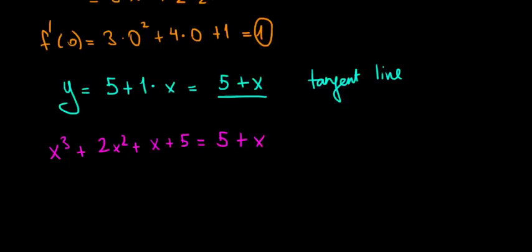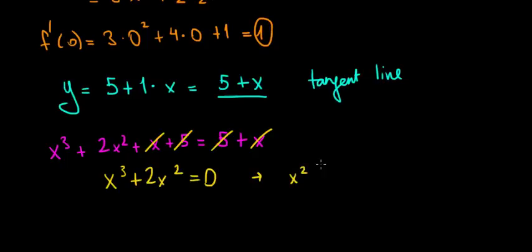Now we have an equation, we have x plus 5 here, we have x plus 5 over here. X and x cancel out, 5 and 5 cancel out, which means we have x cubed plus 2x squared equals 0. If we take x squared as a common factor, in the brackets we're left with x plus 2, and that's equal to 0.